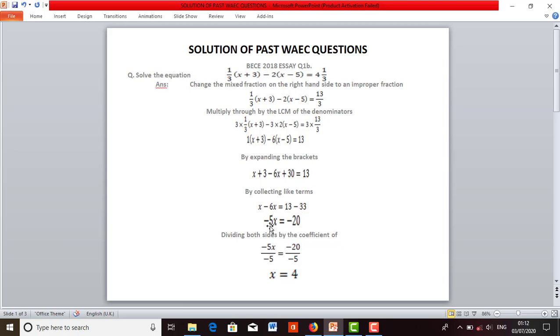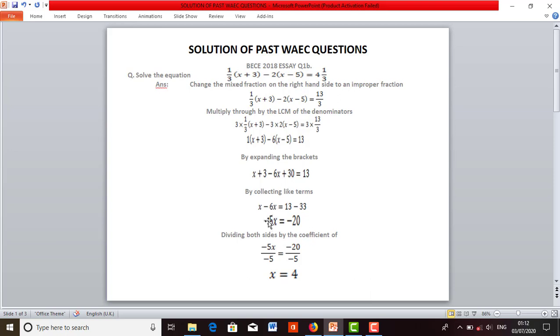So now we have x minus 6x. Because the signs are different, this is plus x and this is minus 6x, we subtract and put the sign of the greater number. Because 6 is greater than 1, the coefficient of x here, the sign of 6 prevails.